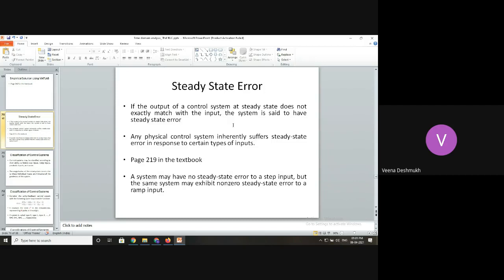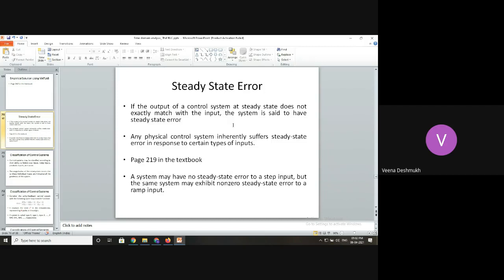If the output of a control system or any mechatronic system at steady state does not exactly match the input, there is some mismatch between the input given and the expected output, then the system is said to have some steady state error.